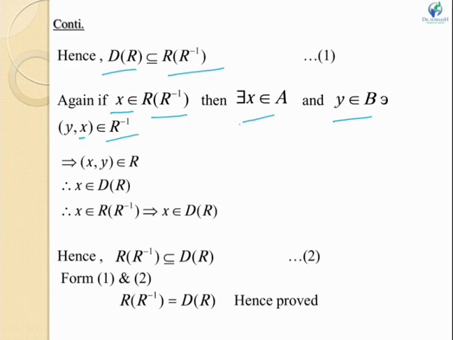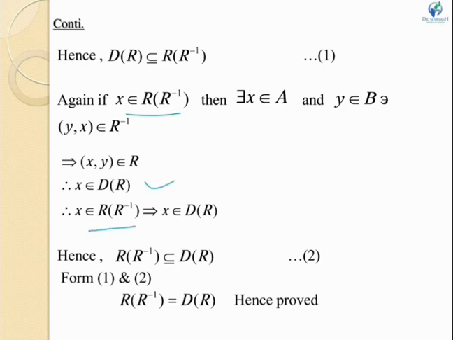This implies (x, y) belongs to R. Now here x is the first element, so it belongs to the domain of R. So we can say that the range of R inverse is a subset of the domain of R, naming it as equation 2. From equation 1 and equation 2, if both are subsets of each other, then we can say that the range of R inverse is equal to the domain of R.